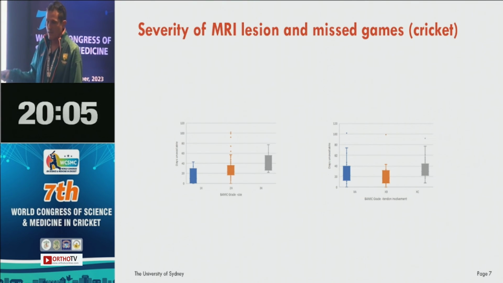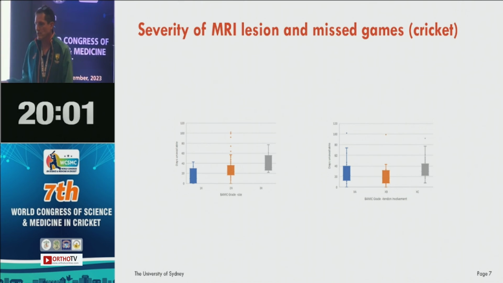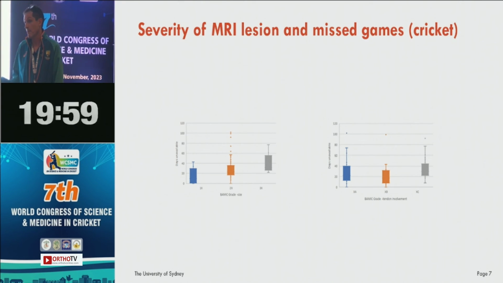And this is, I think, the last slide and then I'll finish early. This is from a study that we're about to send in for publication in a couple of months. One of our registrars studying in Sydney with me analysed about 200 MRIs of hamstrings to see whether MRI severity correlates with time out, and it does.